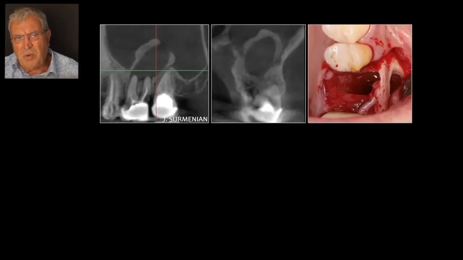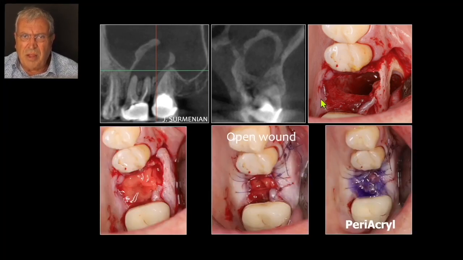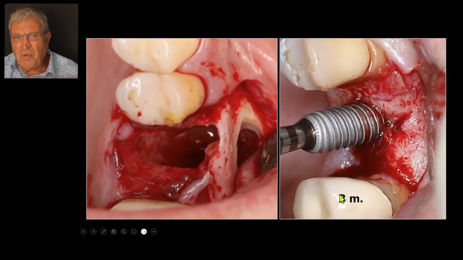This is a case where we had an infection at the site of the molar, a huge infection, and we used only PRF and periacryl in order to close the site. Only 3 months to achieve a full bone regeneration without bone graft.